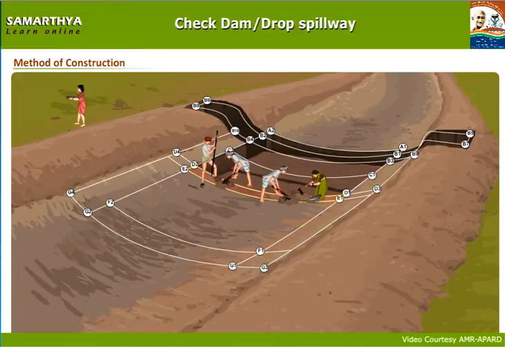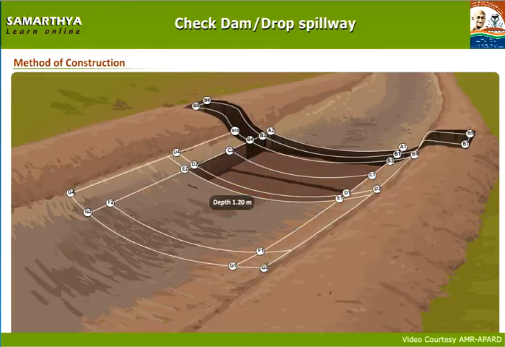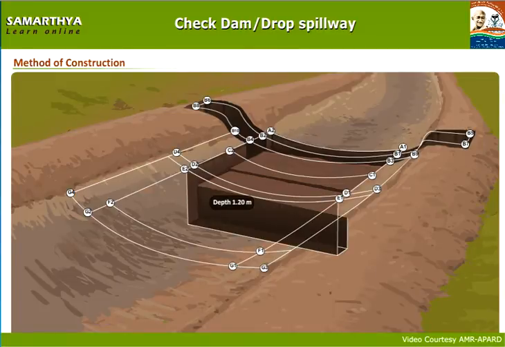At the center of D1, D2, E2, E1, dig foundations for downstream side cut-off wall with 0.30 meters width from top of the stream at 1.20 meters depth and deposit the soil away.